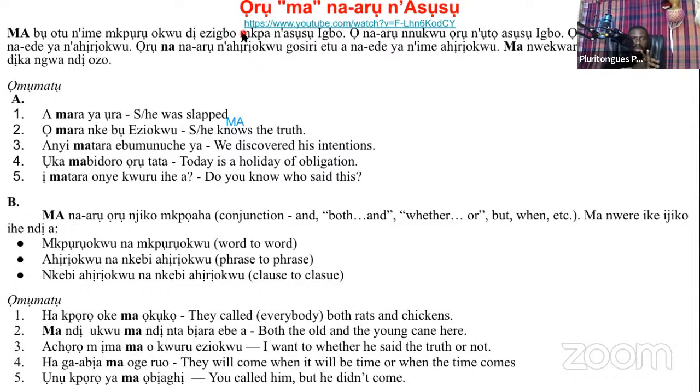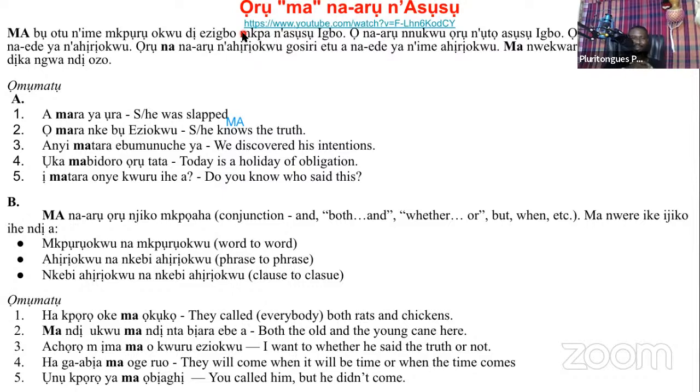So ha, they called, that means they invited. Now, what are the two words that it's bringing together, that it's linking together? The two words actually are oke, ọkụkọ. So does anyone know what oke means here? Okay, so I'll give you a clue.